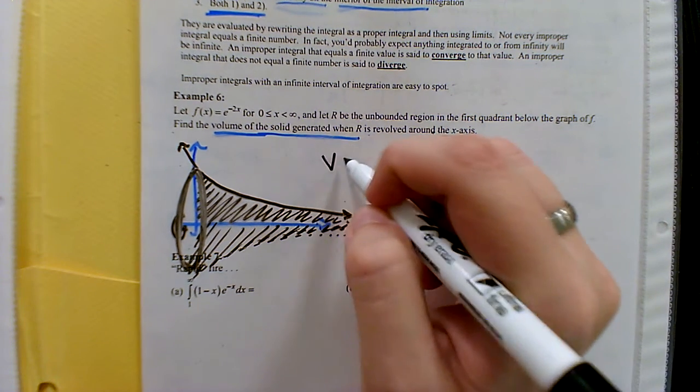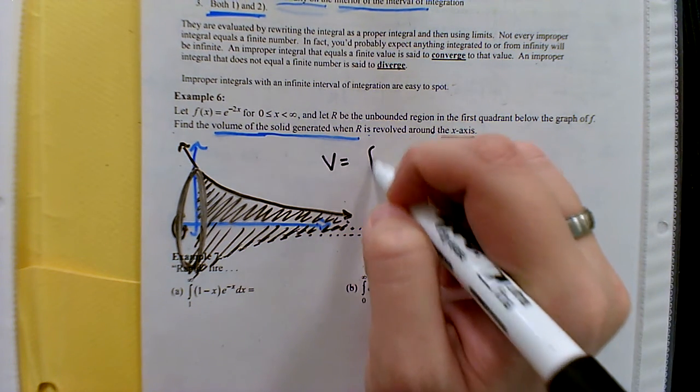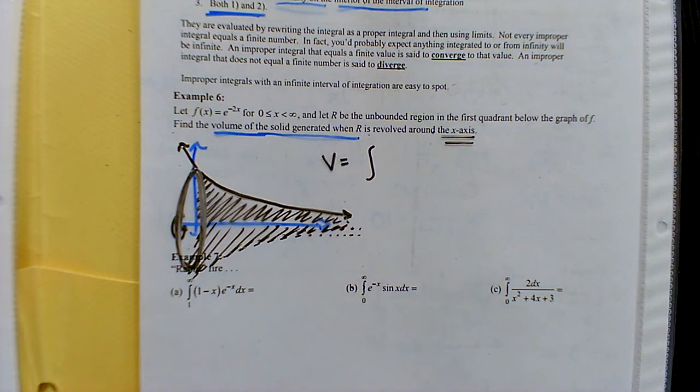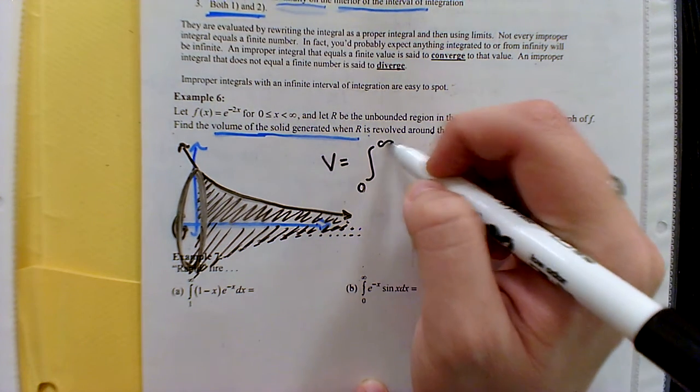All right, let's go ahead and set up our volume integral. Can we figure out the bounds? Can we figure out the equation? It's been a while. 0 to infinity, okay.